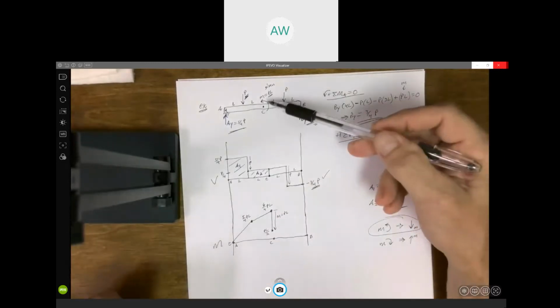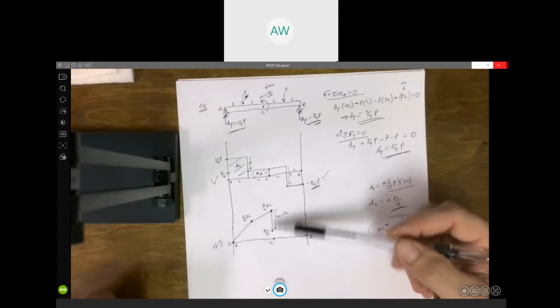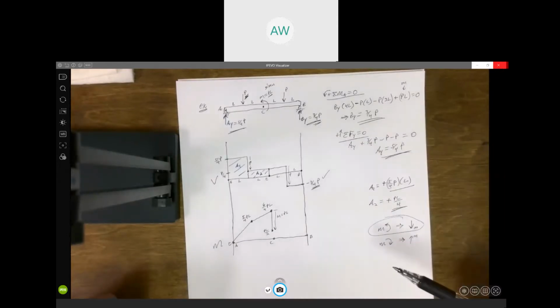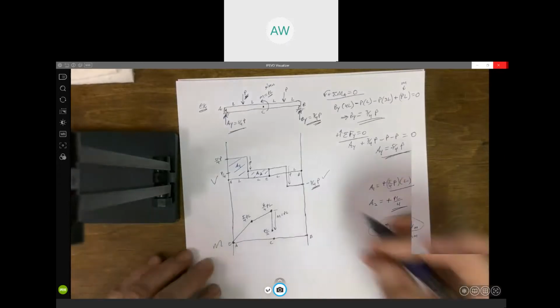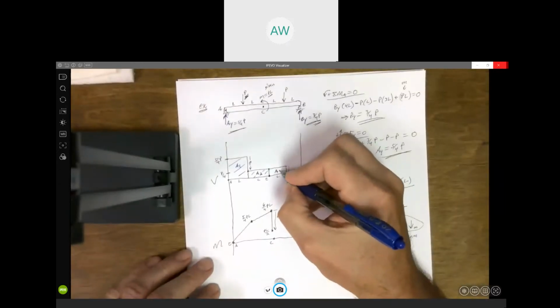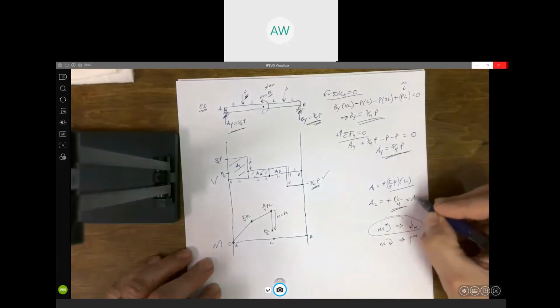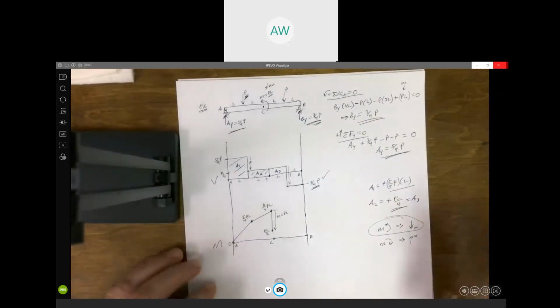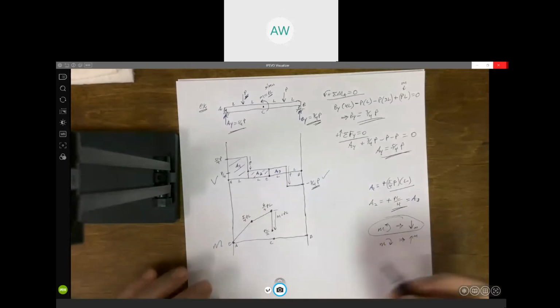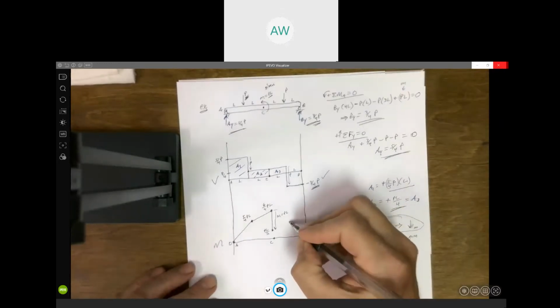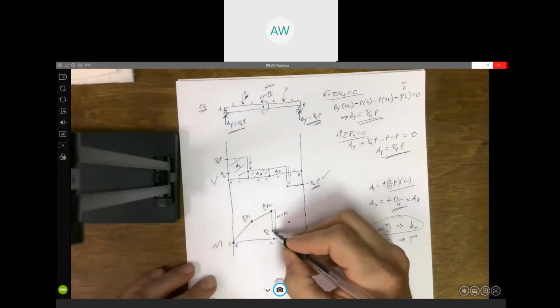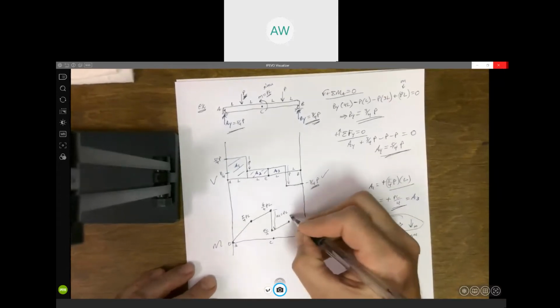So that concentrated moment, we're just going to go straight up or straight down, whatever the magnitude of that moment is. And then now all we got to do is A3, that's the same as A2. We're going to go up PL over 4. So if I'm at 2/4 and I go up 1/4, that puts me at 3/4 PL.